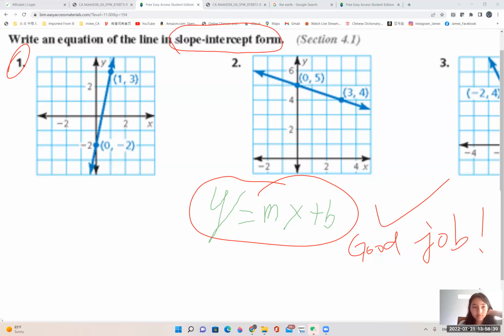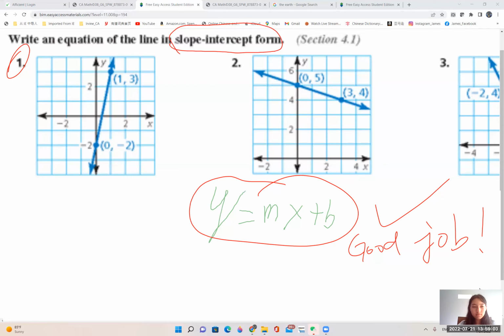Don't worry, if you forget, just say I forget it. I'm not so sure. It's fine. Should I solve for m first? No, hold on. Do things one by one. Now please write down the slope formula.